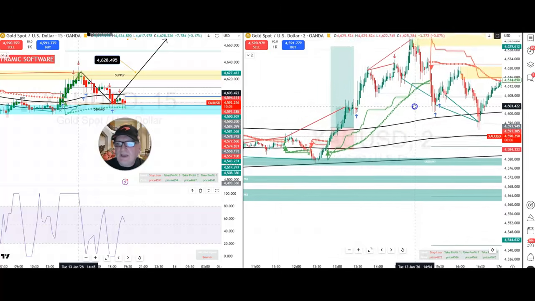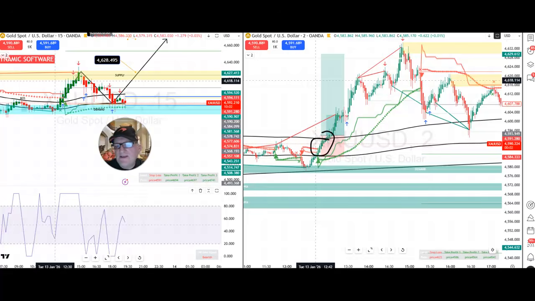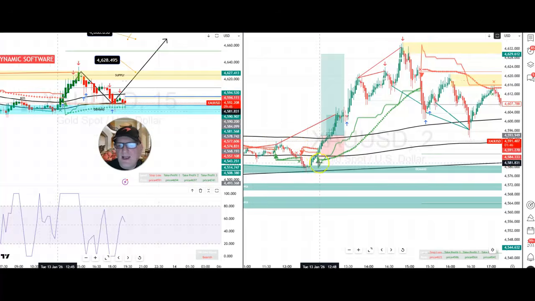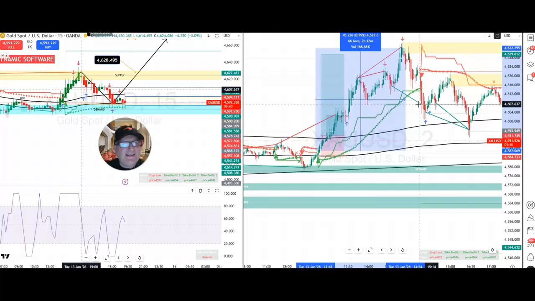So let me explain how this works. Whilst the lower time frame is achieving higher highs above the 50, that's a nice beautiful buy, and then you can simply move your stop if you wish along here or until it reaches a certain target. Now if the price rallies 452 pips, that's it.